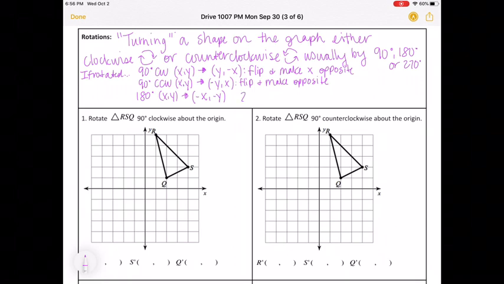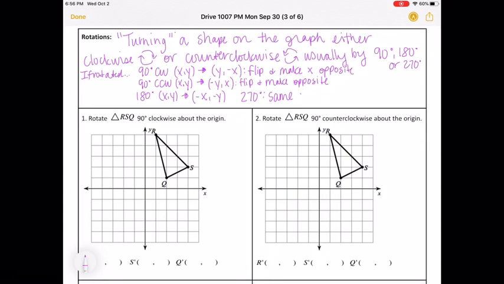And the other one I mentioned was the 270 degrees. So this is either going to be the same as 90 degrees clockwise or 90 degrees counterclockwise. So you want to look at that and think. So 270 is 3 quadrants, okay? So see which direction that would be based on that problem, right?